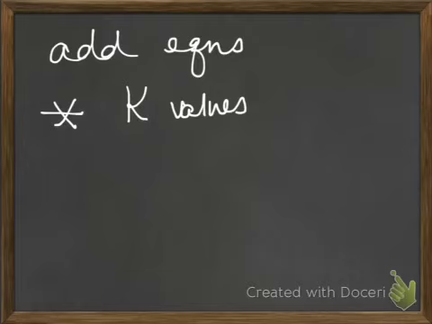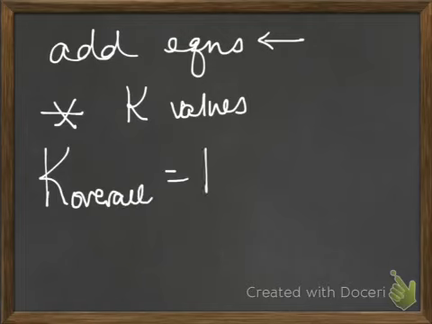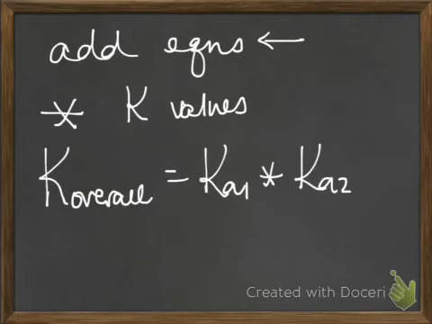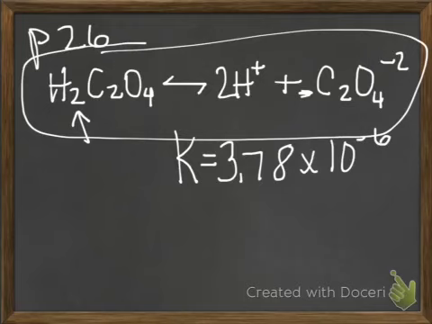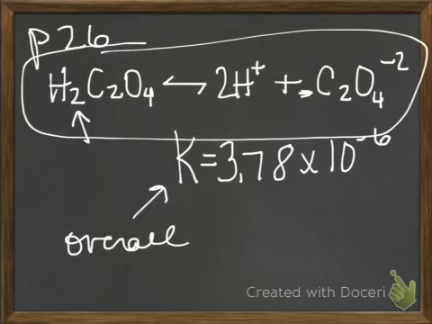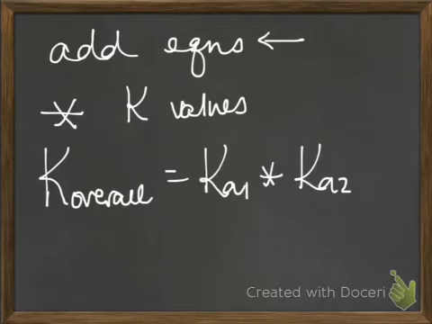If you know the overall K for the added equations, you can find the individual K values. So in other words, K of the overall equation equals Ka1 times Ka2. And if you remember from the very first slide, this is the K overall, because it's showing both steps at once. So I'm going to remember that number, 3.78 times 10 to the negative 6.